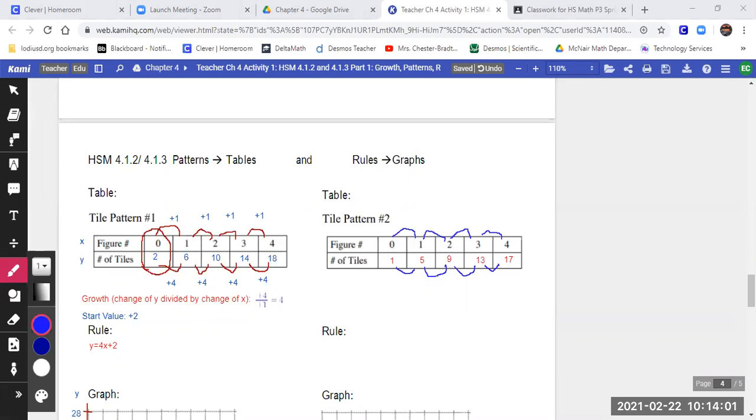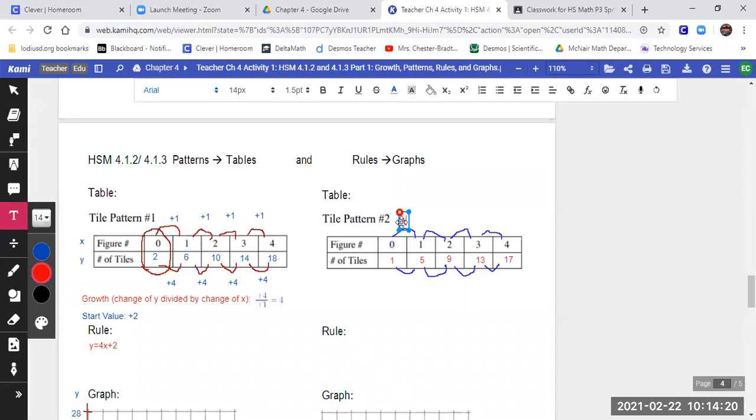Sort of. Is it the exact same pattern or is it the same growth? Same growth. Oh, okay.